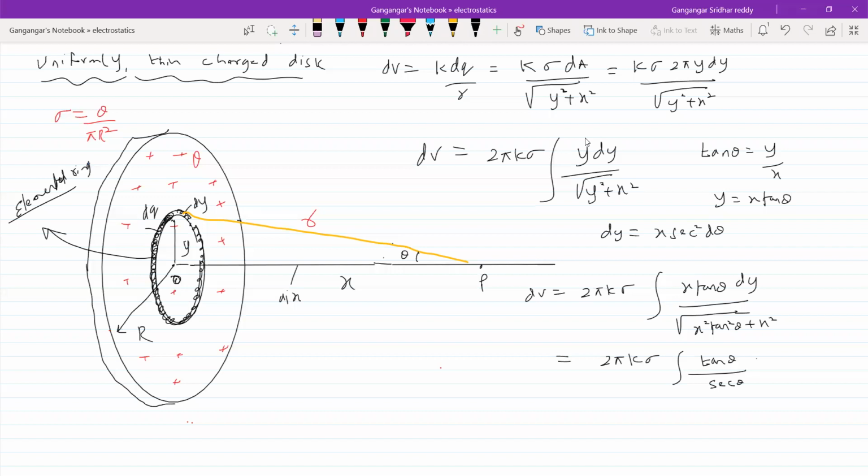And dy is x secant square theta d theta.